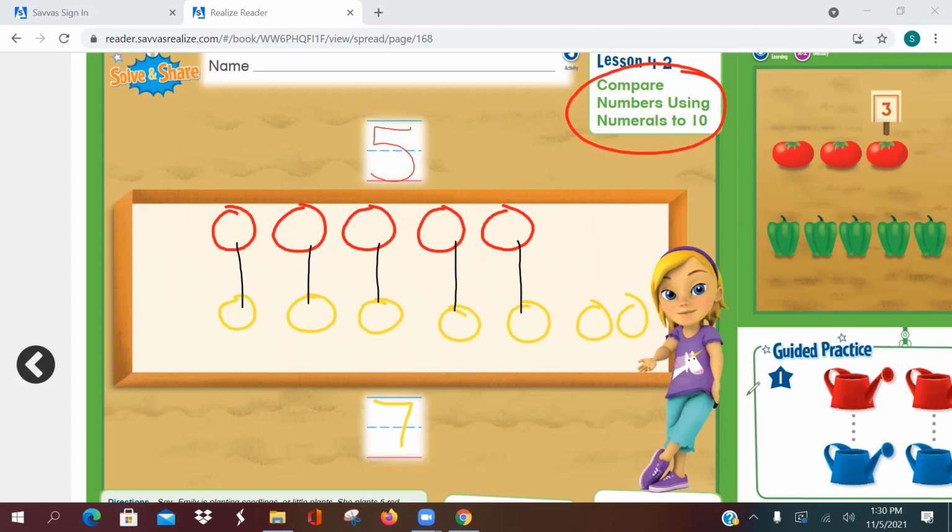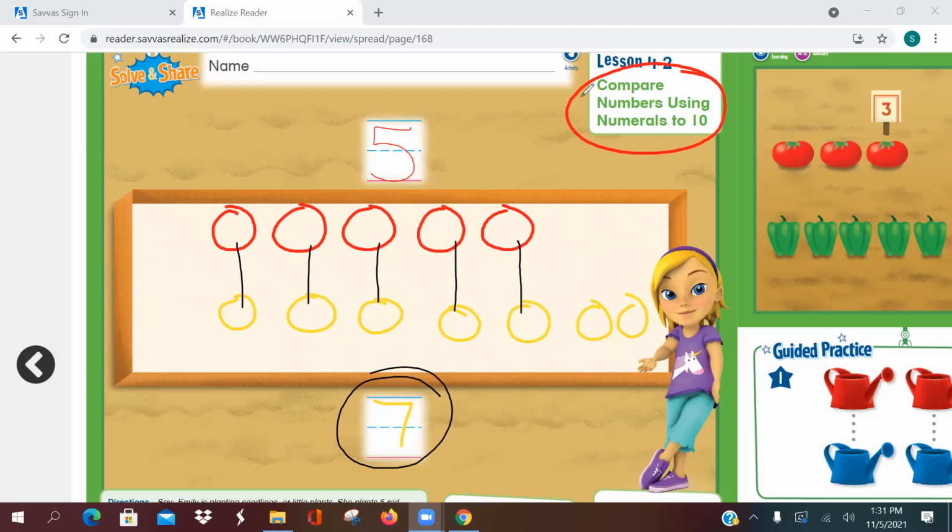Which group shows a greater number of counters? The yellow group has more. So we'll circle the number 7. 7 is greater than 5. And we can look at our counters and we can see that that is true.